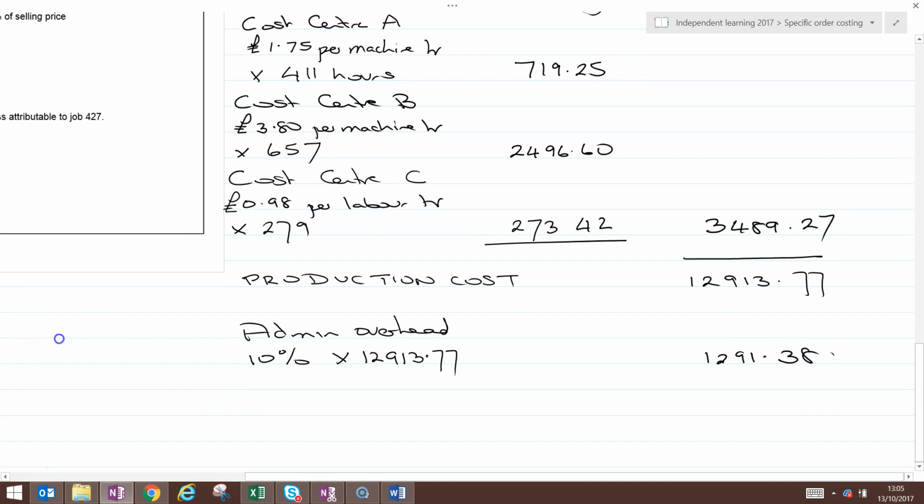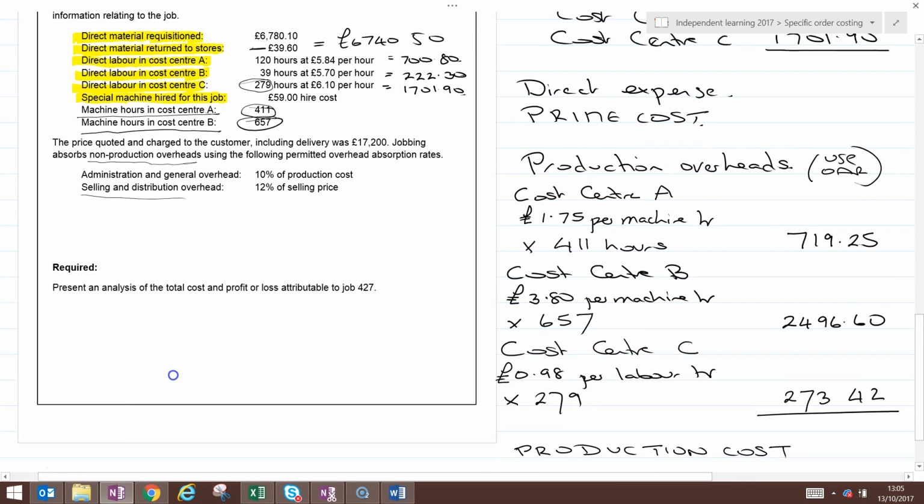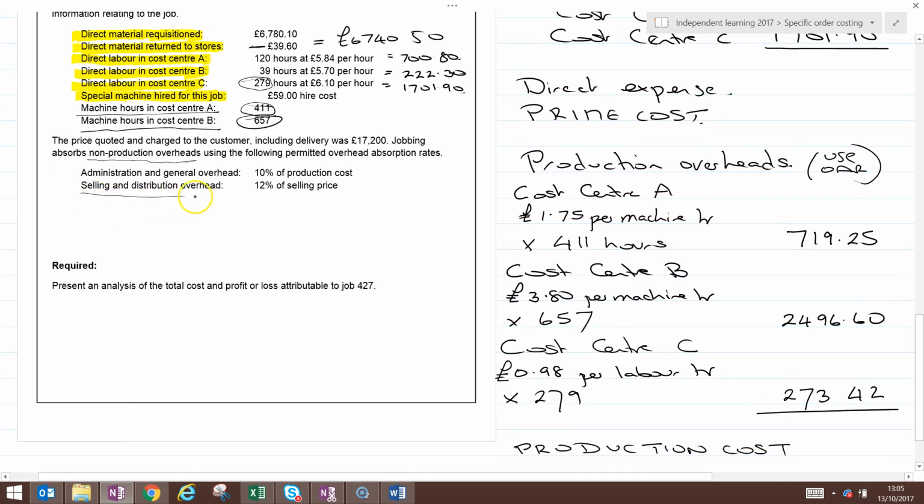And the second non-production overhead we're told about is selling and distribution, which is 12% of the selling price. We have been told the selling price to the customer, £17,200, so it's 12% of that figure.